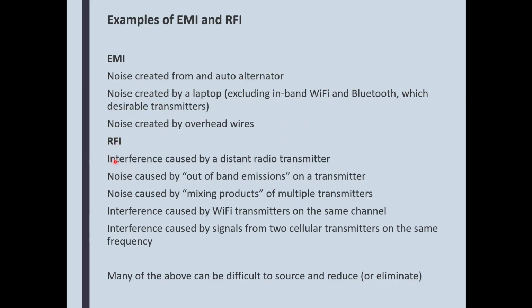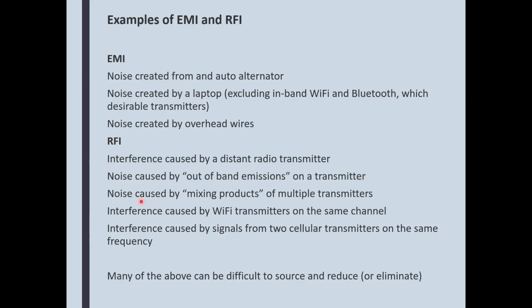So RFI, radio frequency interference, caused by a distant radio transmitter, or noise caused by out-of-band emissions from a transmitter. The transmitter drifts, or somebody doesn't know what they're doing when they're transmitting, then some of the frequency can overlap and interfere, or maybe the radio stations are too close, but all that, as I said, is being regulated.